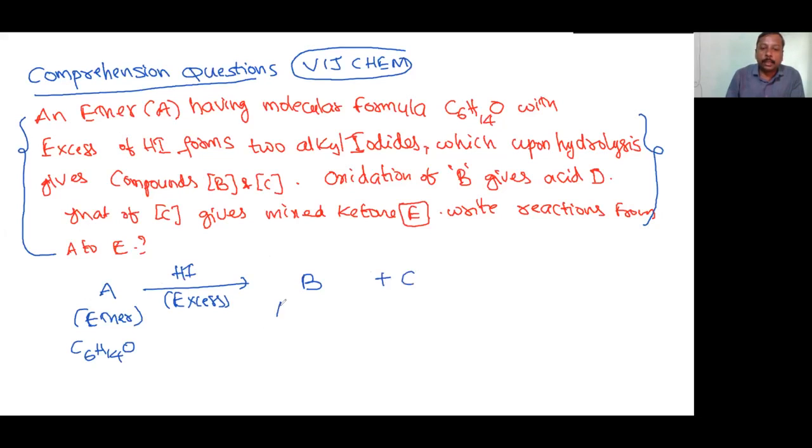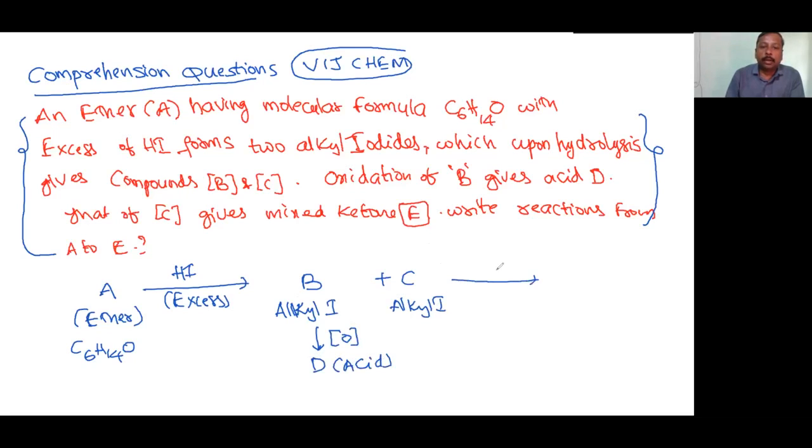Both of these are alkyl iodides. On oxidation, B gives D. D is a carboxylic acid.